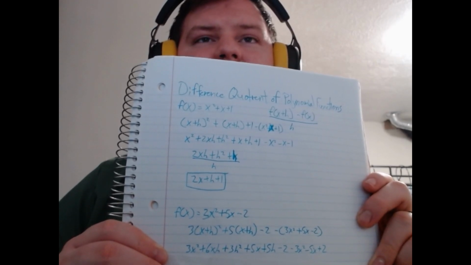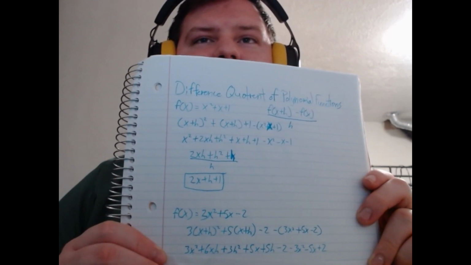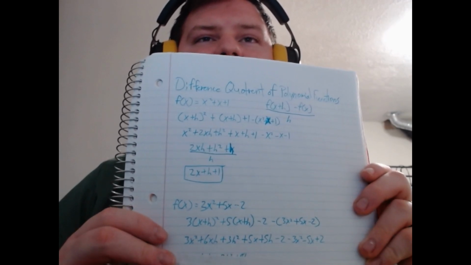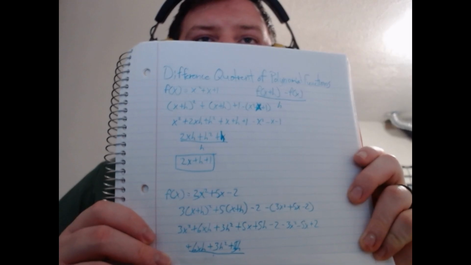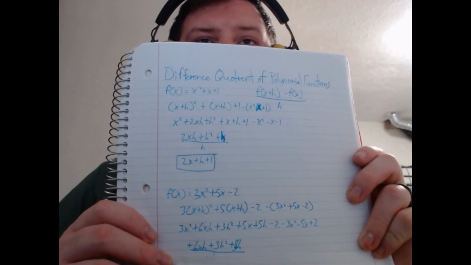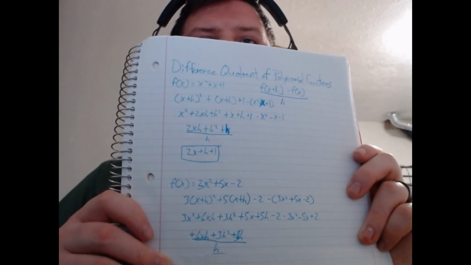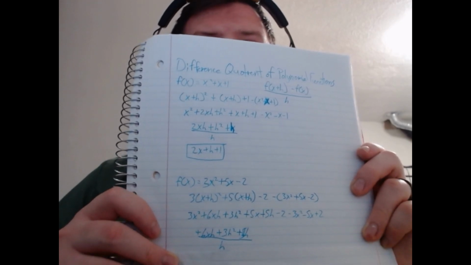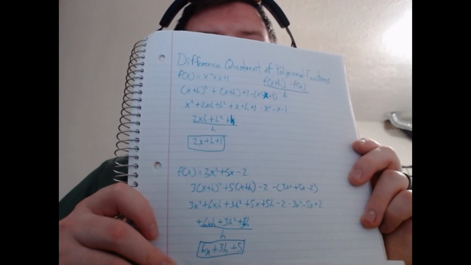We can start to simplify this as well. 3x squared is going to be minused out by the minus 3x squared, etc. After you simplify, you should have 6xh plus 3h squared plus 5h, and that's all being divided by h, remember? So then let's factor out those h's, and the simplified answer is 6x plus 3h plus 5.